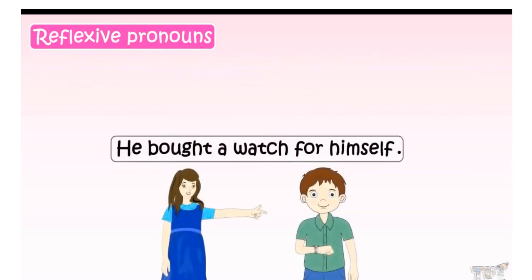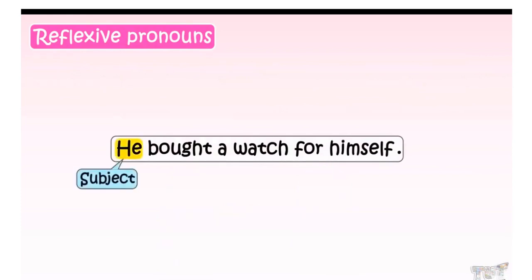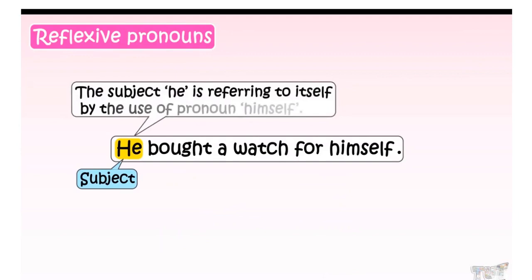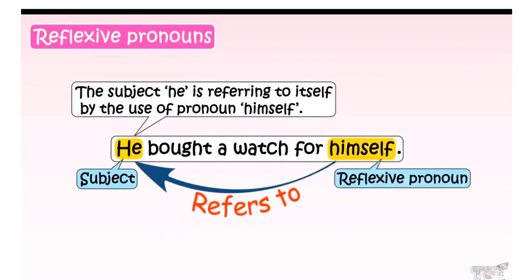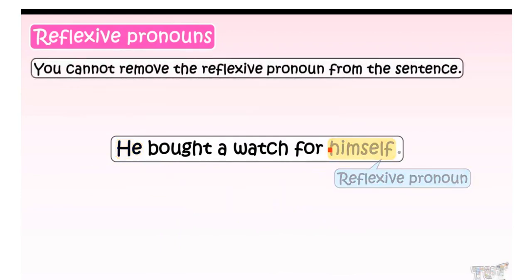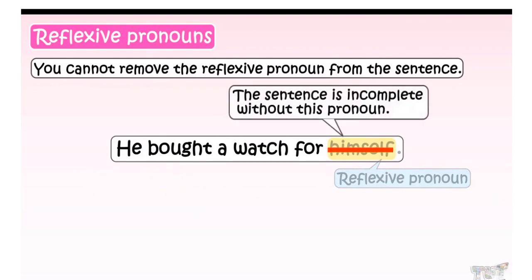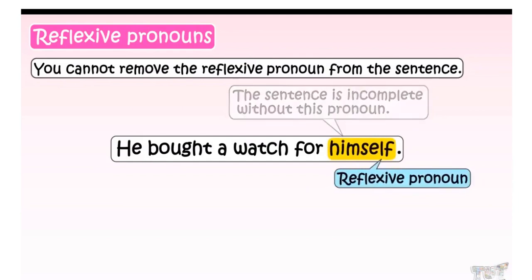Here, the subject is he, and the subject he is referring to itself by the use of the pronoun himself. Also, you cannot remove the reflexive pronoun from the sentence. He bought a watch for. The sentence is incomplete without the pronoun, so this pronoun is a reflexive pronoun. Now see when these same compound pronouns are emphatic pronouns.